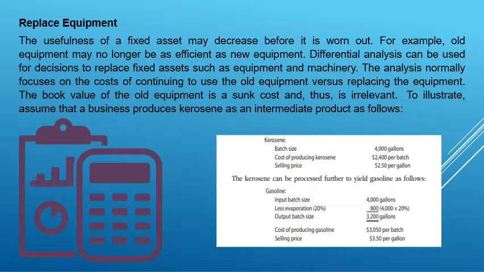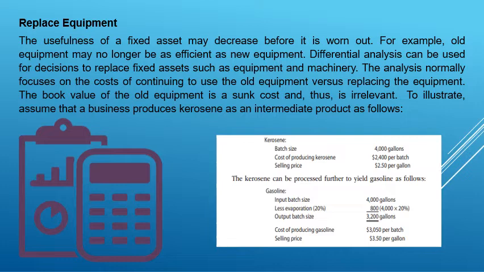So differential analysis can be used for decisions to replace fixed assets such as equipment or machinery. The analysis normally focuses on the cost of continuing to use the old equipment versus replacing the equipment. The book value of the old equipment is a sunk cost, thus it is irrelevant.